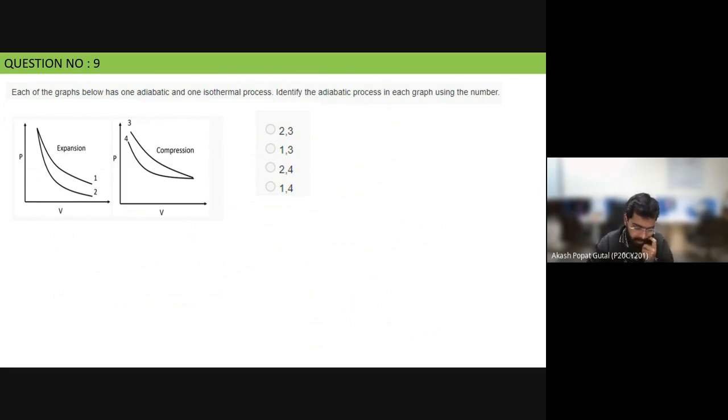So the graph between pressure and volume is given, and we are asked what curve denotes the adiabatic process. These two curves are related to adiabatic and isothermal processes.